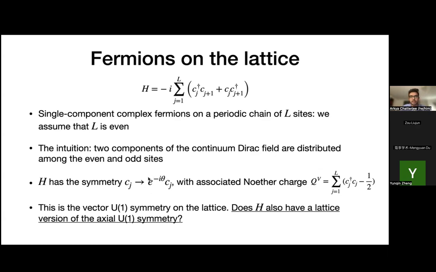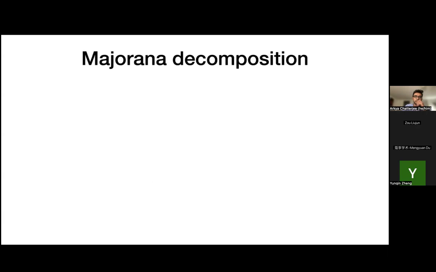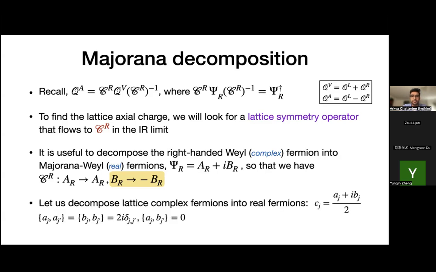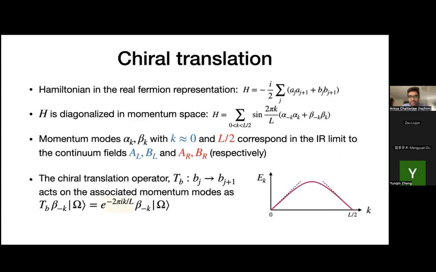So what you are showing here is just that this QV and QA with this pi in the front act the same way on both real fermion components. That's right. Okay. Thank you. Thanks for that question.